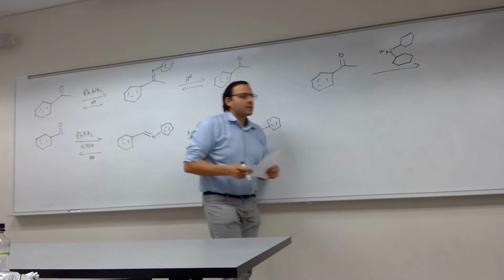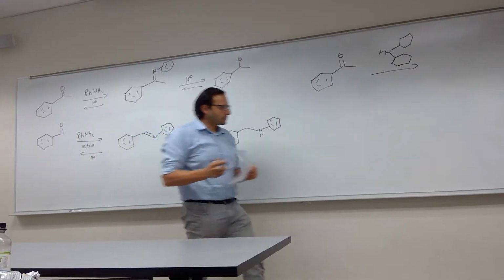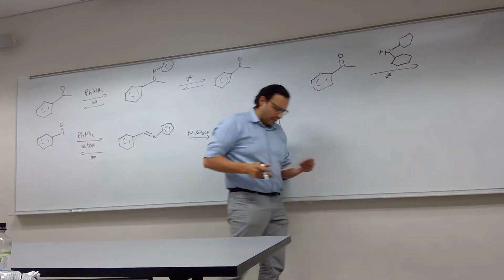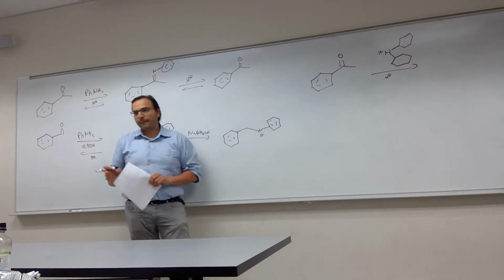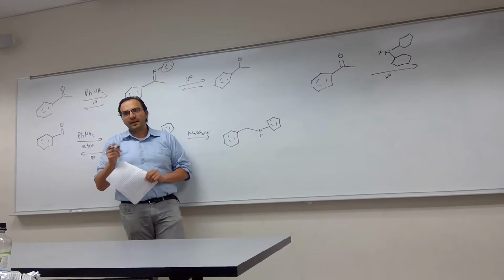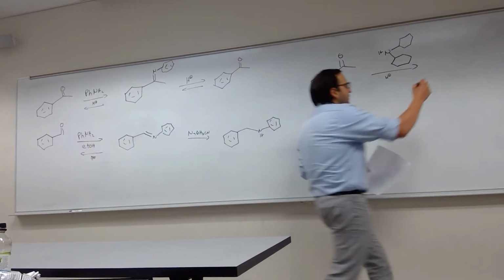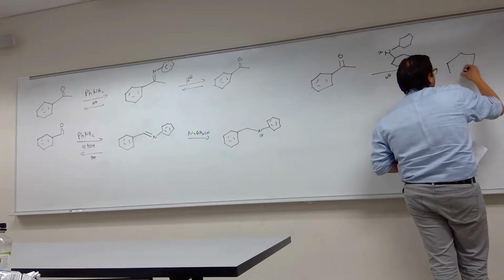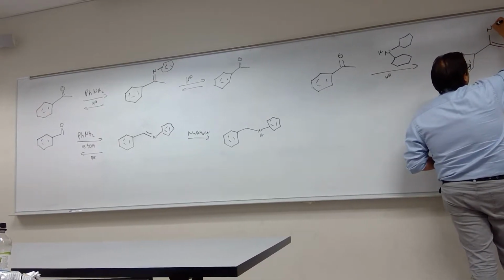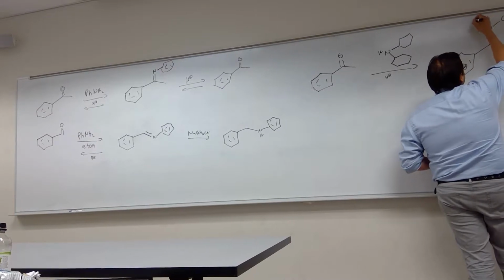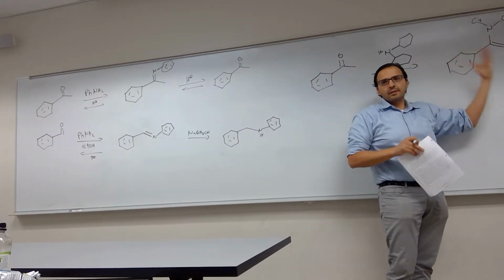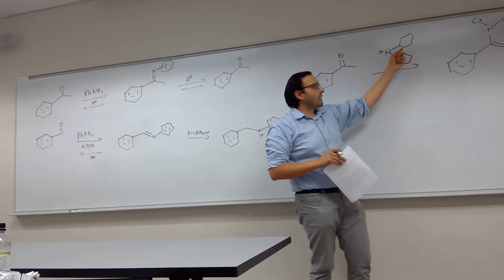Cyclohexyl groups. So what's the outcome here? You get a what? Enamine. So enamine formation in this particular case. And as you've seen in Grubbs catalyst, every time you see a Cy, it means a cyclohexyl group.